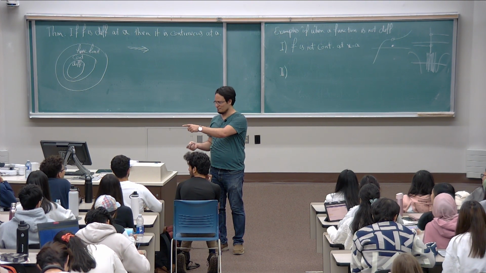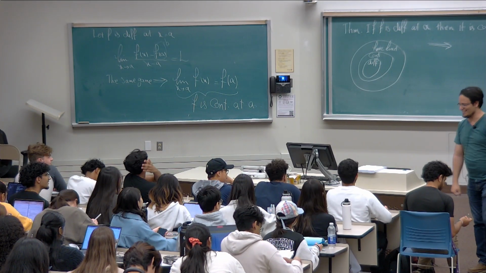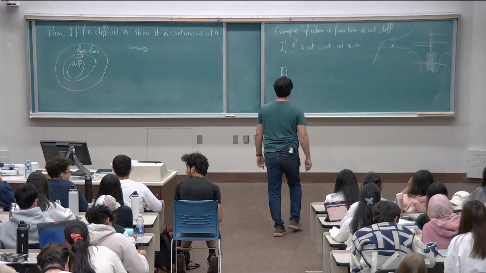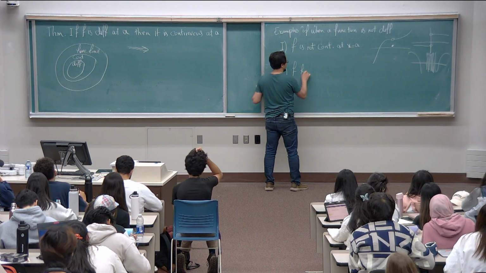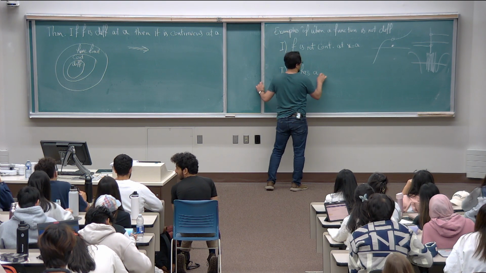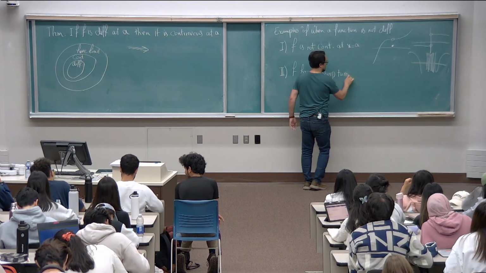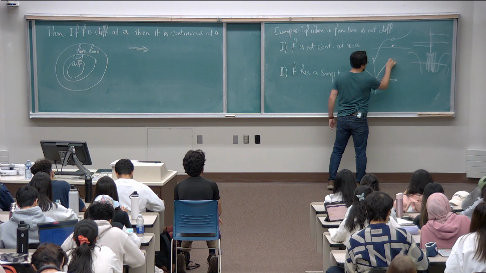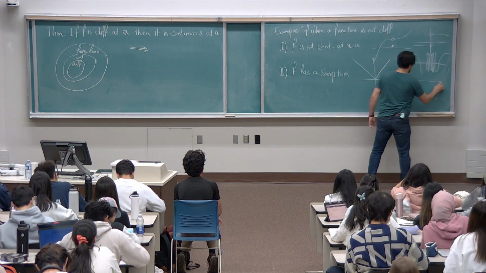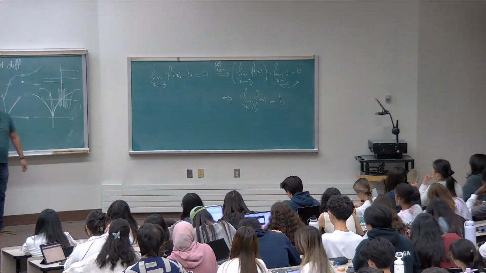Cusp points, where the graph of f has a sharp turn at that point. So something like absolute value of x, or it could be something like that.